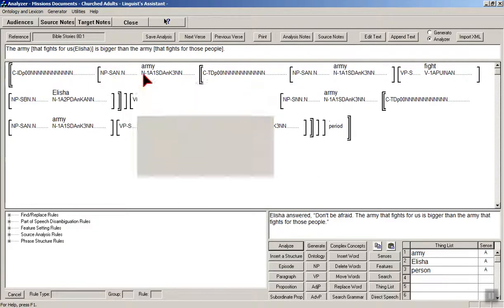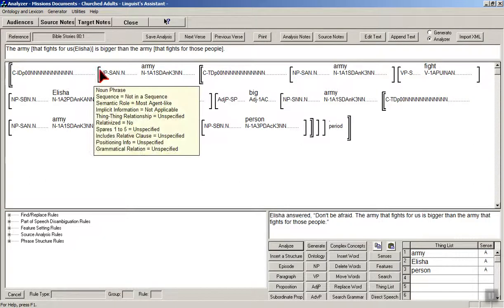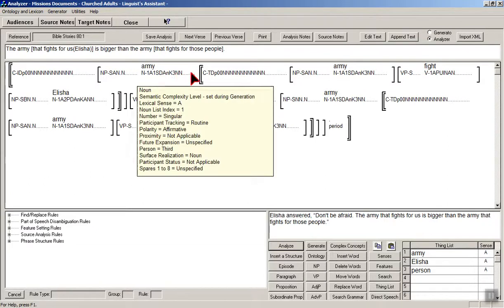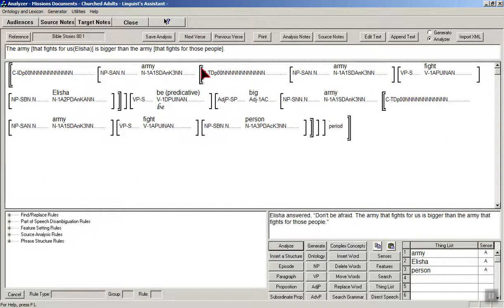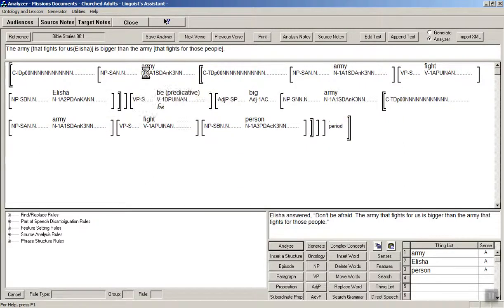And now we can look at the phrases. So the phrases are in the single brackets, and there's an NP, which is a noun phrase, army, and then there's a clause, a subordinate clause has a smaller double bracket. So this subordinate clause modifies army.